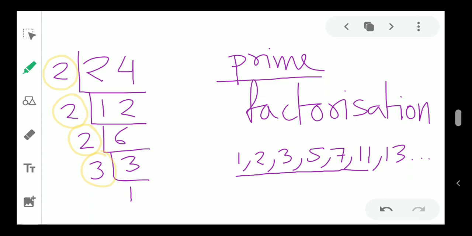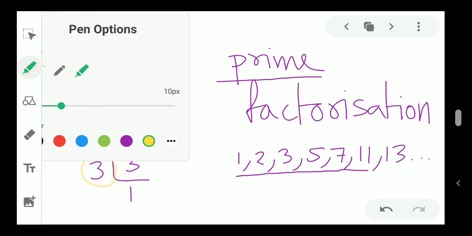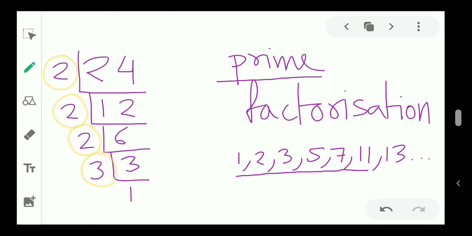These factors are the numbers that make up the number. So 24 I can write like this: 24 is equal to 2 into 2 into 2 into 3. When you multiply all of the factors, you will get the original number.